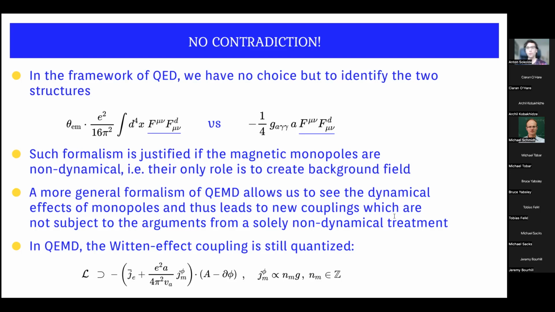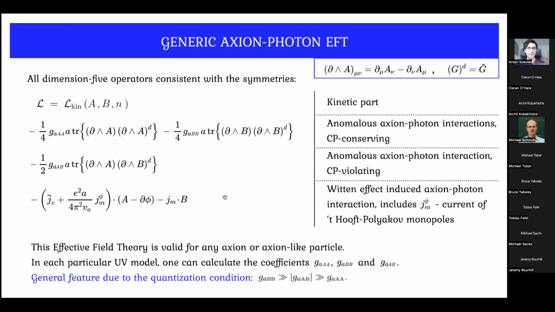But there are also other couplings, and really, the Witten effect coupling is not the only coupling. Although the Witten effect coupling is quantized as was found before, the other couplings need not be quantized in terms of E squared, and they can also be proportional to G squared. And so yeah, this is the explanation.